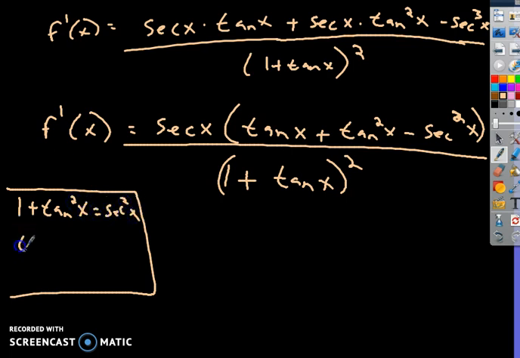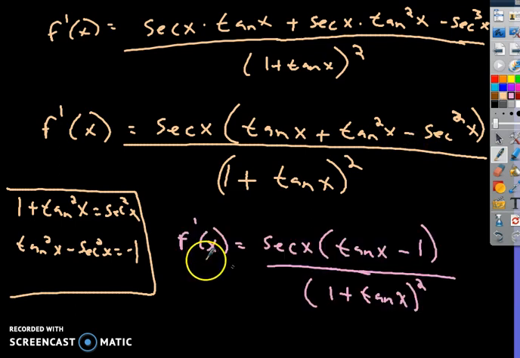So if that's true, then tan squared of x subtract secant squared of x equals -1. So technically, this portion can be replaced with -1. So if that's true, I can rewrite this, which leads you to f prime equals secant x times tan of x subtract 1 over 1 plus tan of x squared.